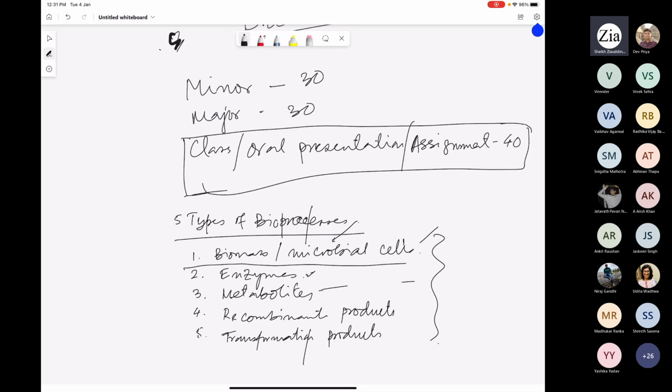Whenever it interacts with the cell wall, it will break the cell wall and kill the bacteria. Now, if enzymes secreted by bacteria can inhibit penicillin, then penicillin will not be effective to kill the bacteria, and it will not be able to treat the disease.